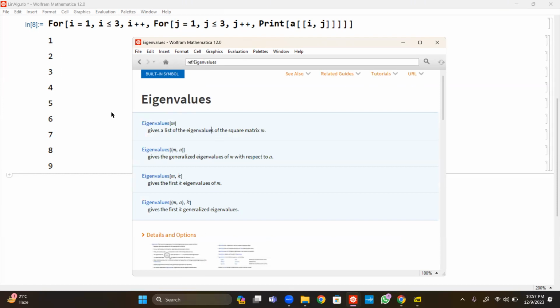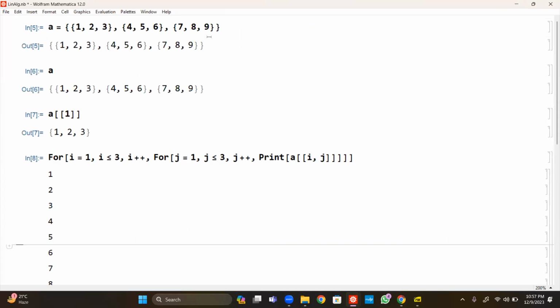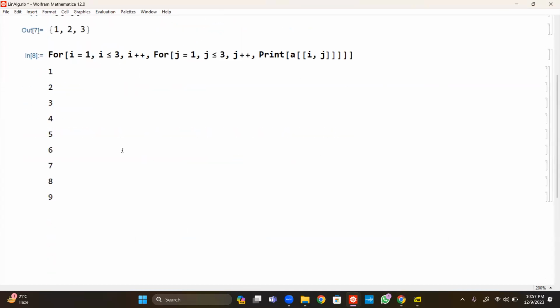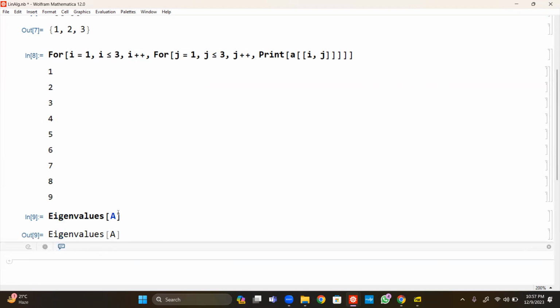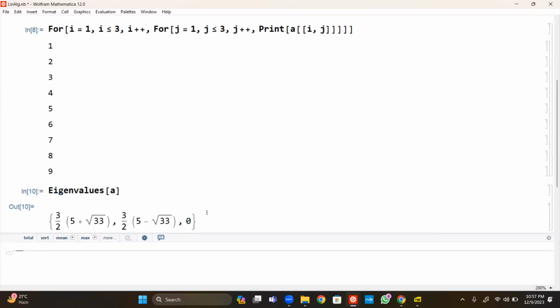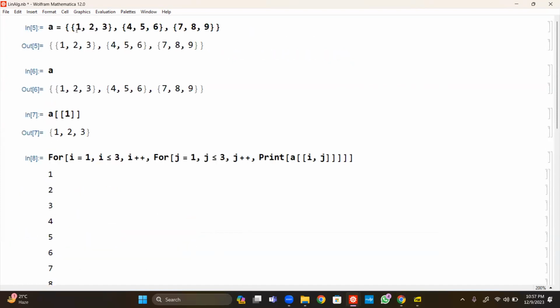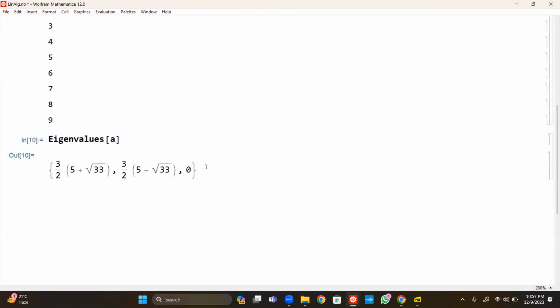If you construct a matrix at the beginning of your code and write Eigenvalues of A, it doesn't work if I write a capital A. So these three are the eigenvalues of the not so random matrix I wrote here, consisting of all the integers sequentially.